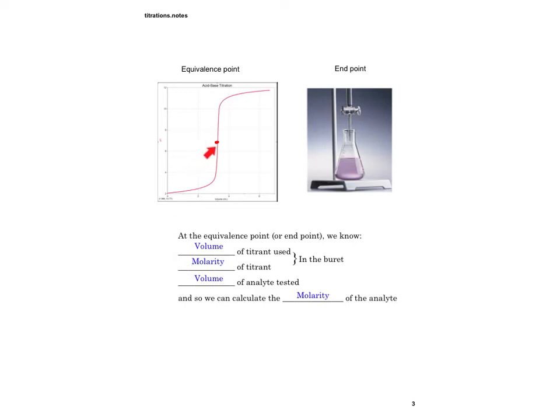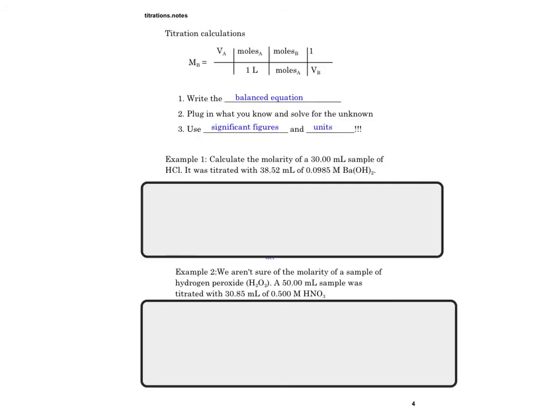Here is the equivalence point in an acid-base titration. We're going to spend a lot more time on the shape of a titration curve later in the second semester. Titrations are stoichiometry problems. They're using solutions instead of solids, so typically we work with molarities, but we can actually mix them up and use grams as well.